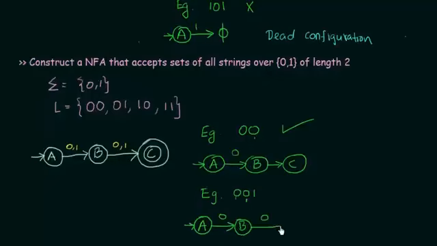I'm in state B, and on getting this 0, B goes to state C. And now I have the next input 1, and C on getting input 1, where does it go? It has no place to go. It does not go anywhere. So we represent it with phi, meaning C does not go anywhere. So at the end I am at phi. So this string is not accepted.